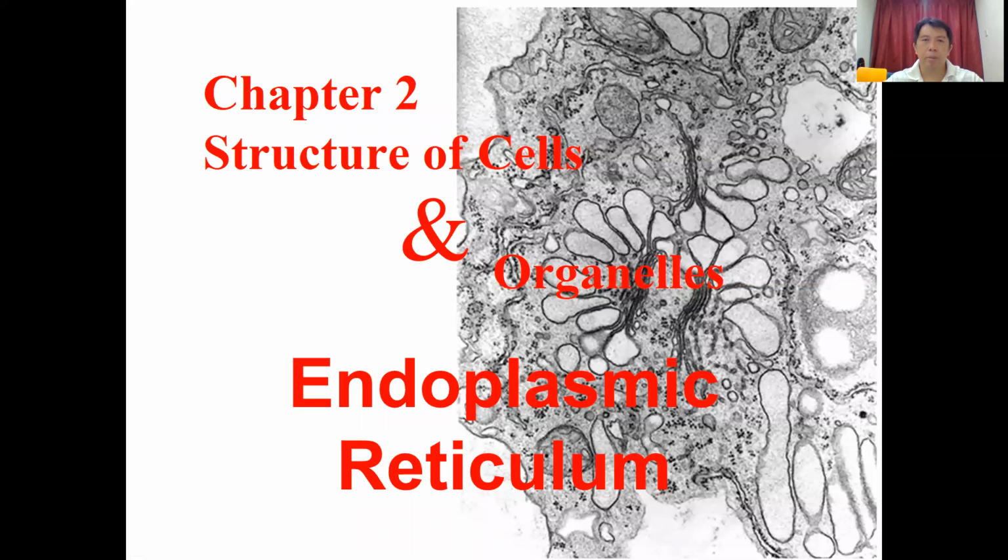Good day, everybody. We are still in chapter 2. After you study the cytoplasm and some membranes, now we are moving to the endoplasmic reticulum. In O-level or SPM, you have learned the endoplasmic reticulum consists of rough endoplasmic reticulum and smooth endoplasmic reticulum.